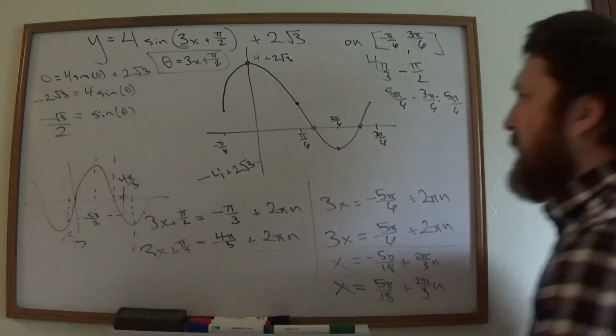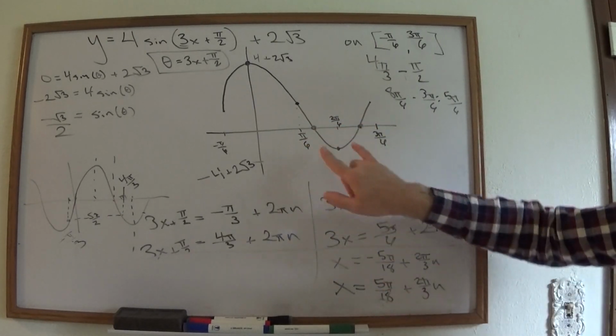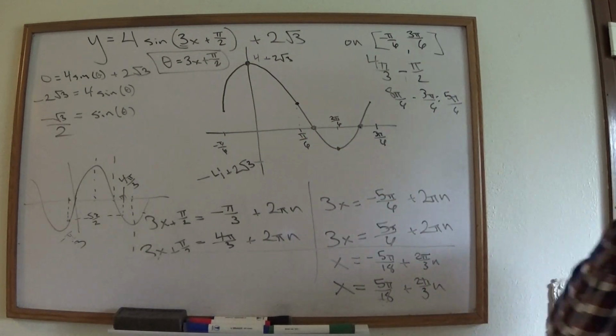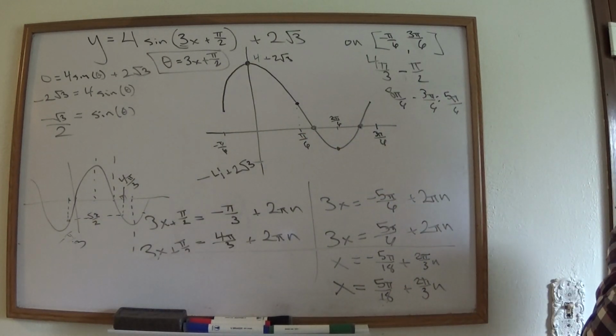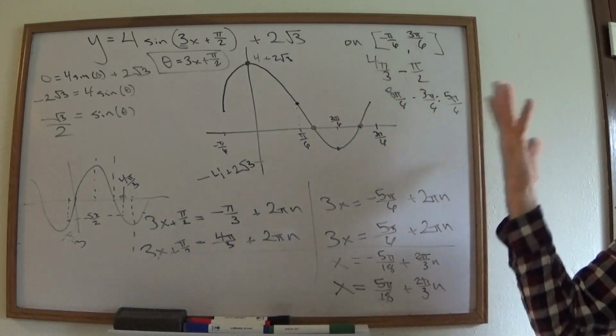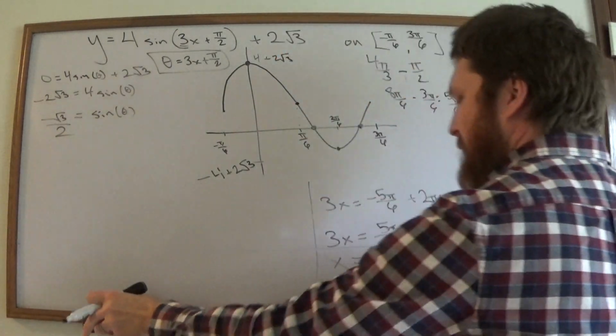So now the question is, okay, well, where is this? Where is 5 pi over 18 between these guys? Let's just see. I could tell you that the negative one is not the one you're looking for.